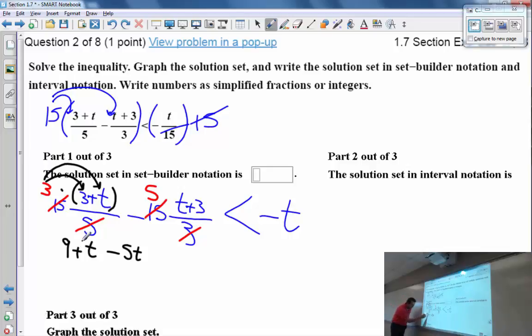It's supposed to be now 3t. Okay? And this one too. This minus 5, there's a secret parenthesis here, it needs to be distributed over. And 5t minus 5t, and minus 5 times positive 3, which is negative 15.